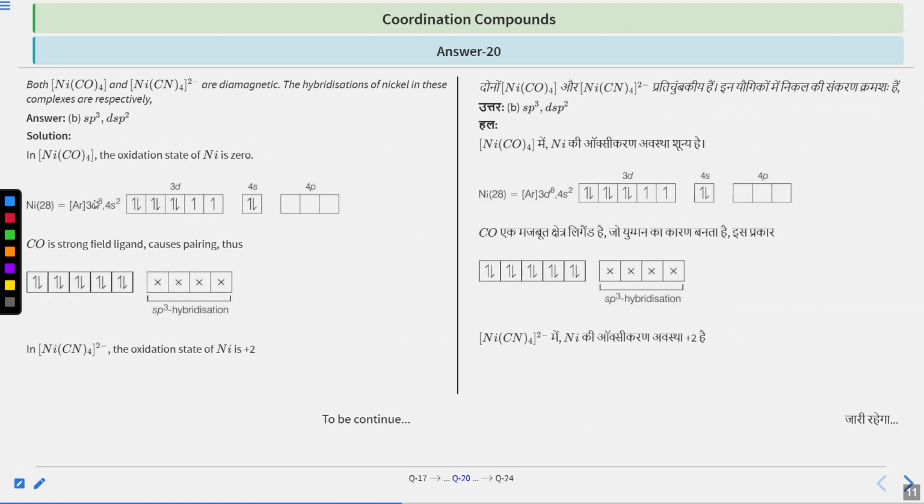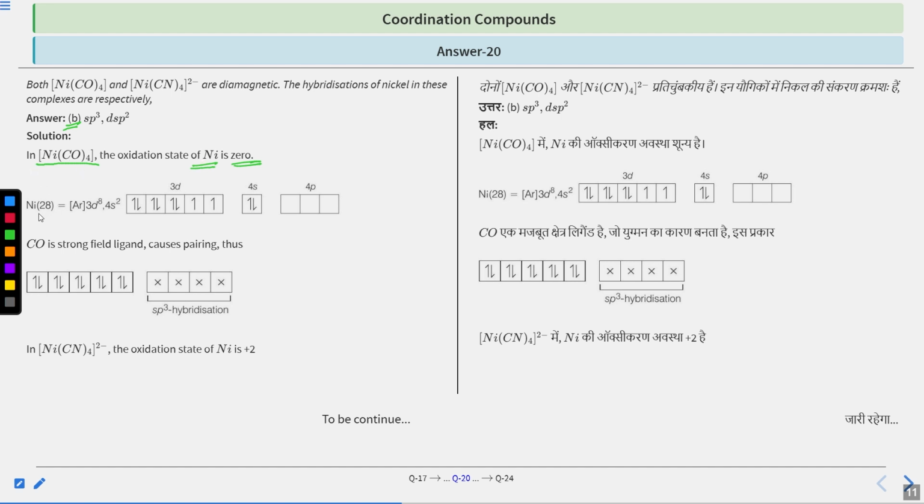Let's see. The correct answer is option B, that is sp3 and dsp2. If you see the first complex, [Ni(CO)4], the oxidation state of nickel will be 0, because the oxidation state of CO, carbon monoxide, is 0, and that's why the Ni oxidation state will be 0 in this complex.